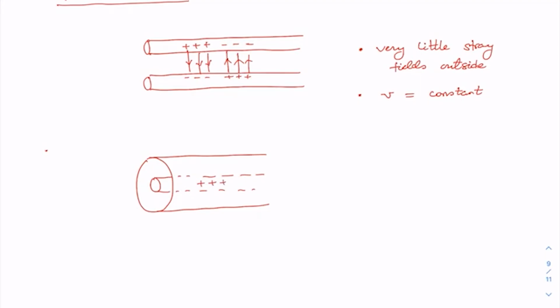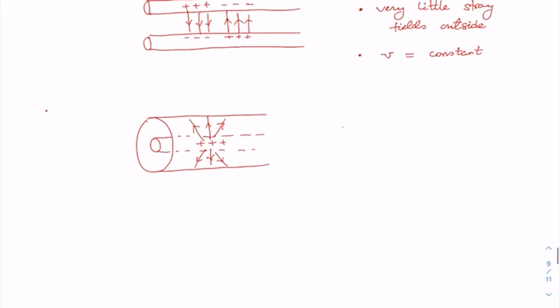In the ideal case, the field here would be radially outward for this positive charge distribution, and no stray fields at all outside. And moreover, the speed of the signal is also going to be constant.